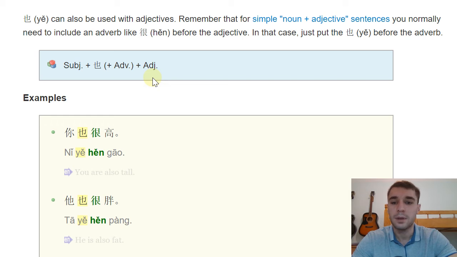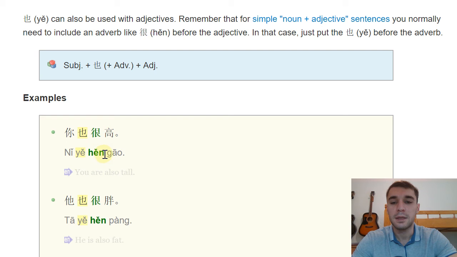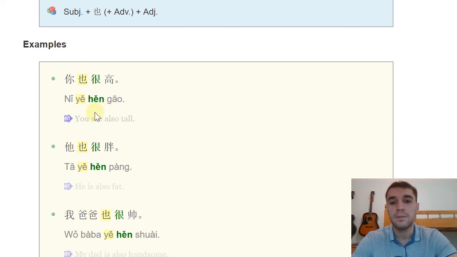Okay, what does it mean? 很 is an adverb, right? And we write 也 before it. You're also tall. 你也很高. He is also fat. 他也很胖.